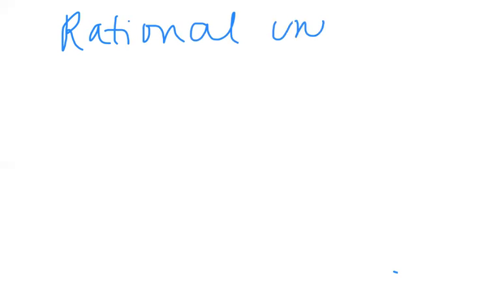Now, I am going to move on to the second part of the lesson, which is the rational inequalities, guys. For the rational inequalities, this requires some knowledge about the rational functions, which is in the previous video.